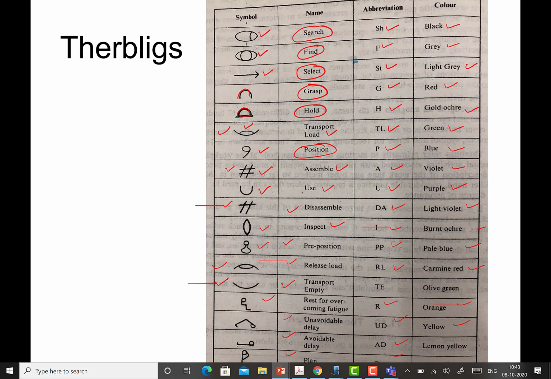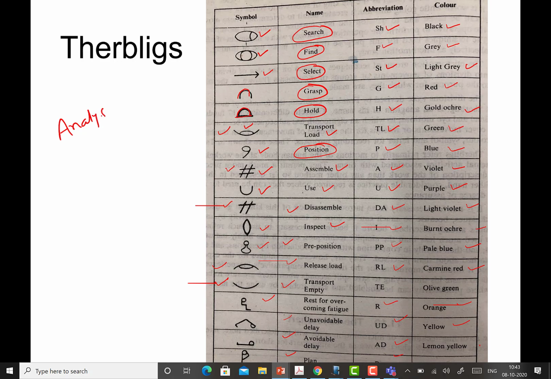So these are the different movements, or groups of movements, which are not necessarily done by body parts. Some of these are mental activity, like planning something. All those things are fine.